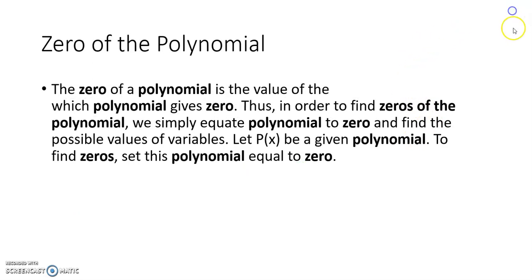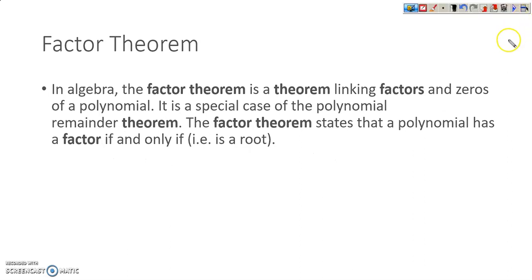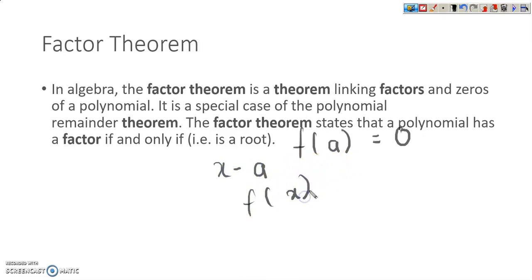Now, moving on to our next term, factor theorem. Factor theorem is a special case of the remainder theorem, which states that if f(a) is equal to 0, then x minus a is a factor of the polynomial f(x). Thus, given a polynomial f(x), to see if a linear binomial of the form x minus a is a factor of the polynomial, we solve for f(a).